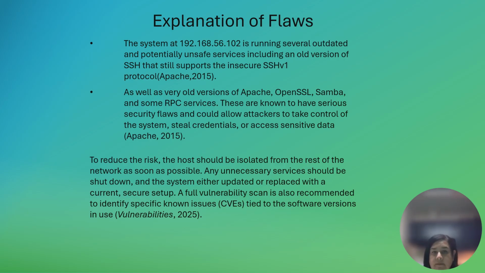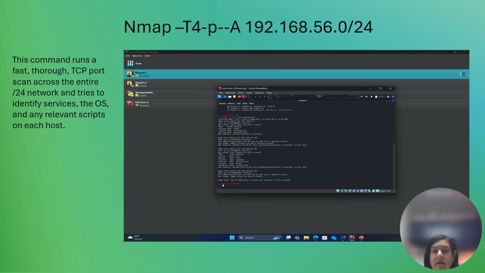The next three slides that are coming up, including this one, are showing you the Nmap commands that I used that were not included in the class video. The first one is nmap -T4 -A 192.168.56.0/24.